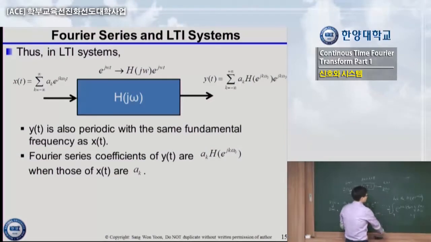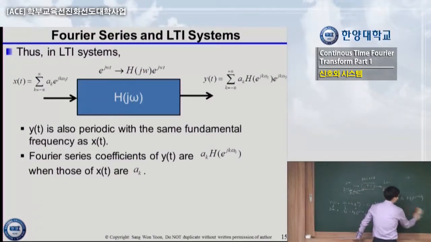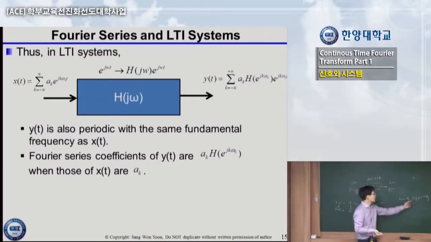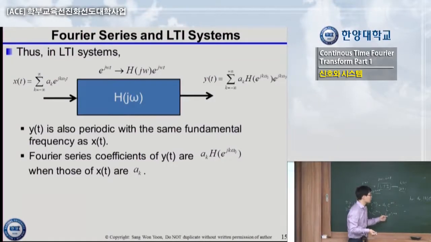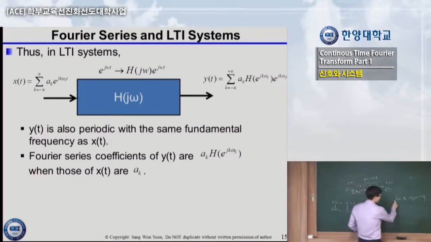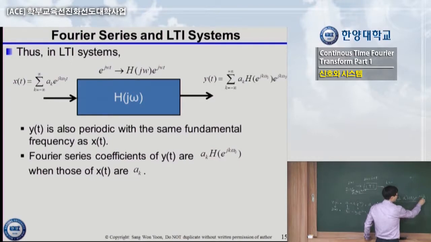So using this property, you'll figure out that only this value will be not 0. So when the value is k, they are not 0, that means this one will become this, and this one comes from the system response of the system. Therefore, we will have this property: bk equals ak, and H(e^{j omega 0 k}).